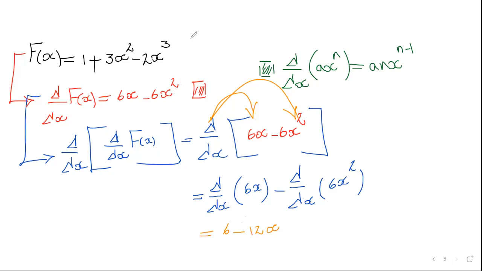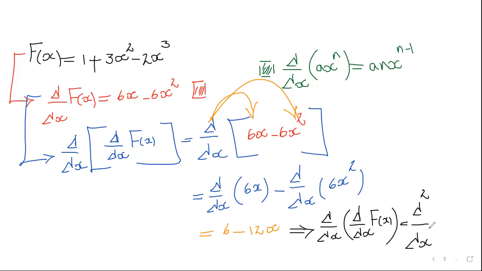An interesting thing I can conclude is that as a result, d over dx of d over dx of f of x, I'm just going to write it symbolically as d2 over dx2 of f of x.